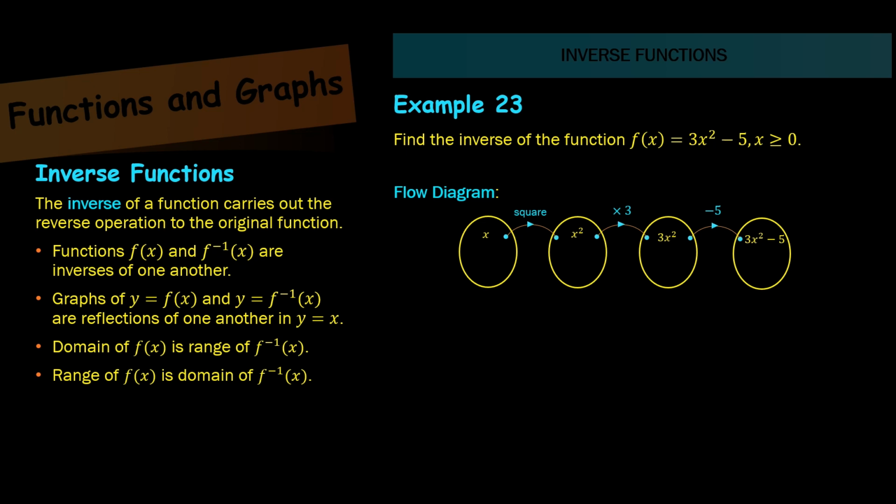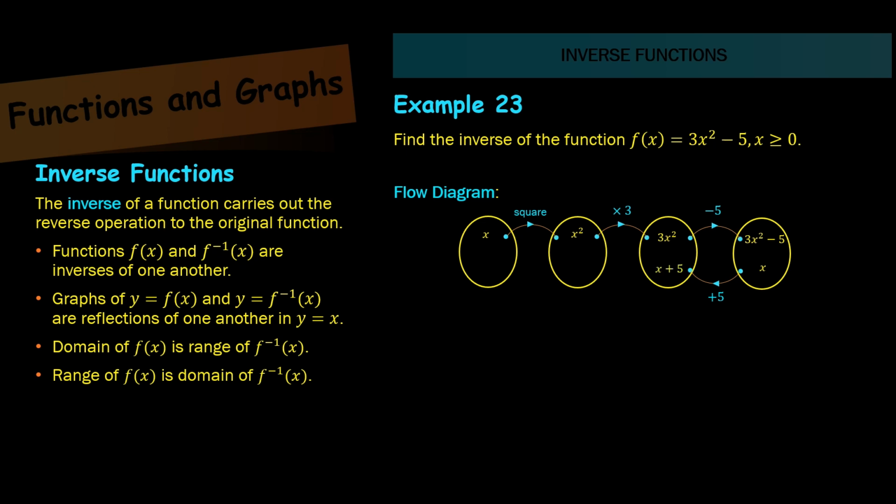How do we find the inverse? We find the inverse by going backwards. So if we start with x, we add 5, which is the reverse of subtracting 5, and obtain x plus 5.